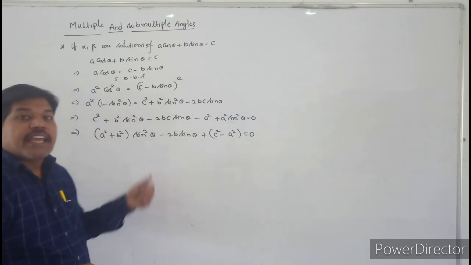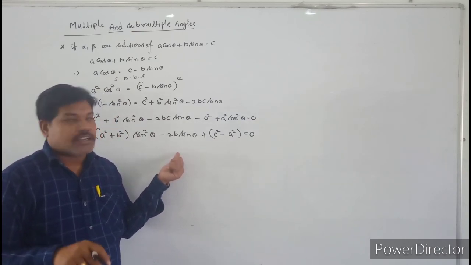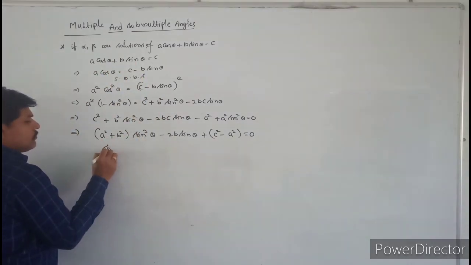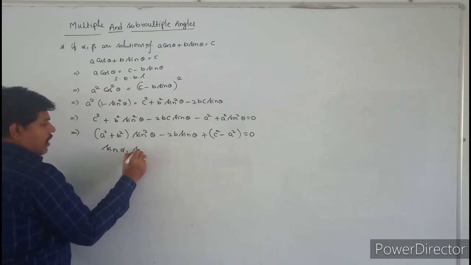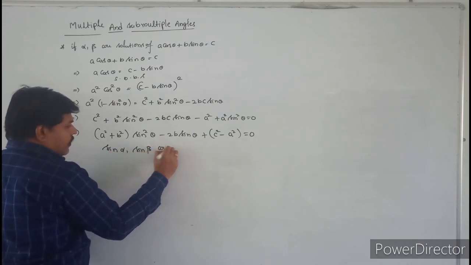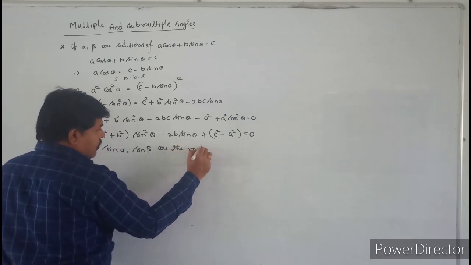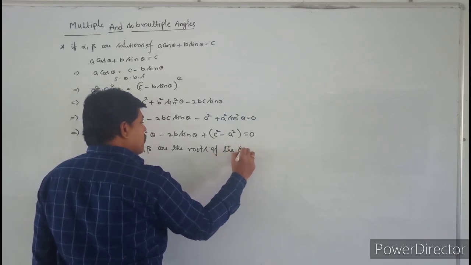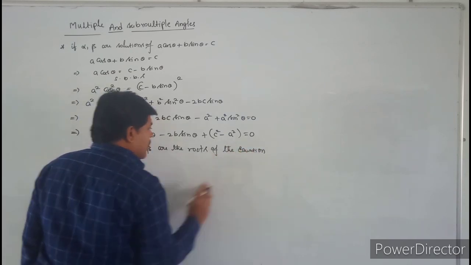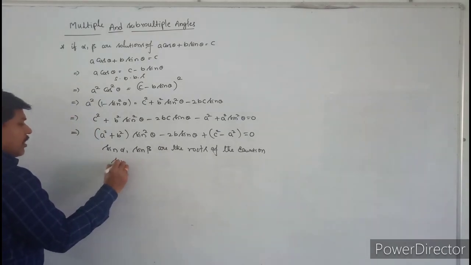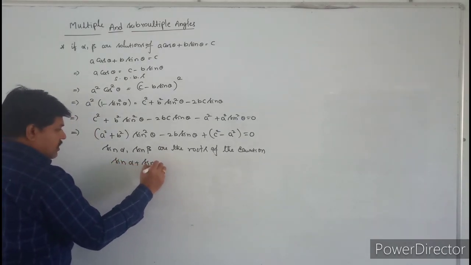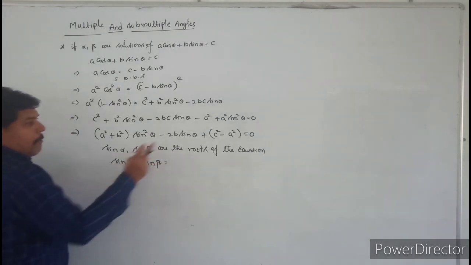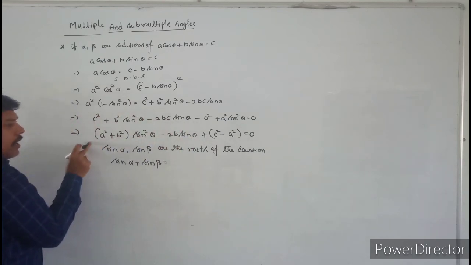That means sin theta is the root, that is x is the root, then already alpha, beta are the roots. So sin alpha, sin beta are the roots of the equation. Then the sum of the roots: sin alpha plus sin beta is equal to minus x coefficient by x square coefficient.